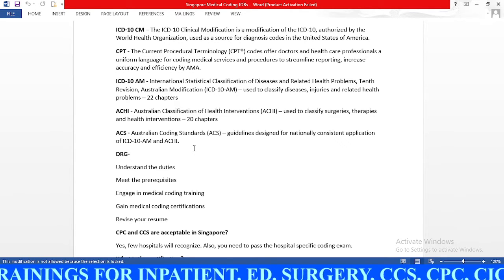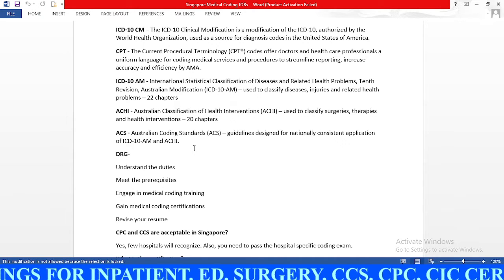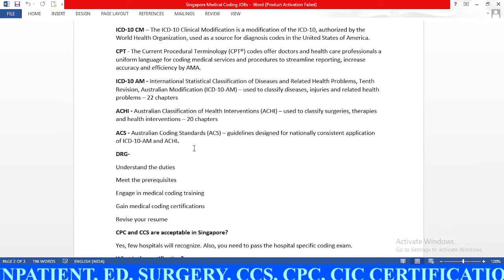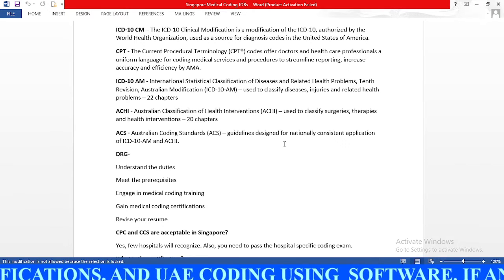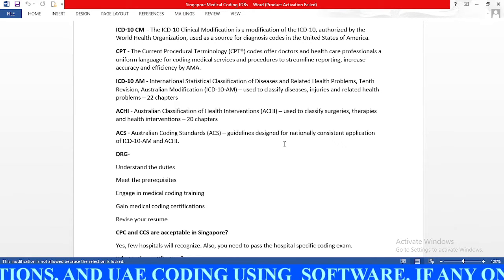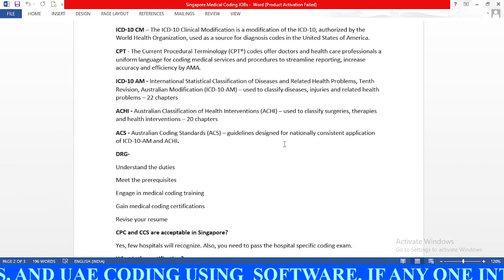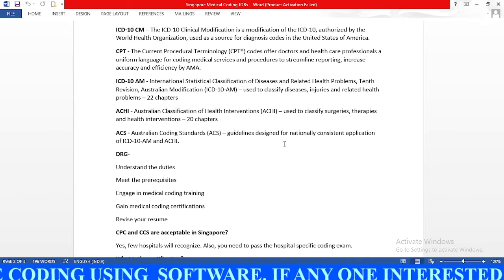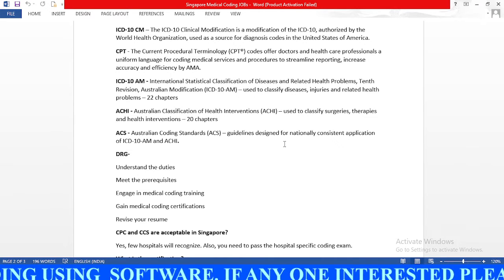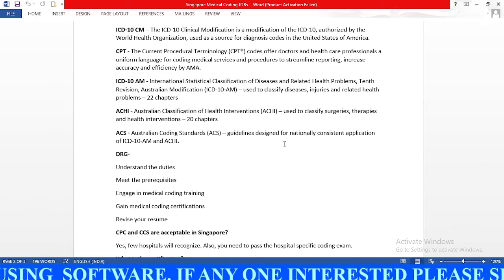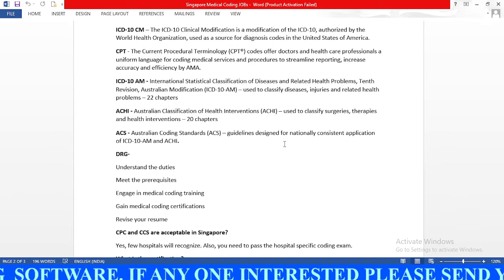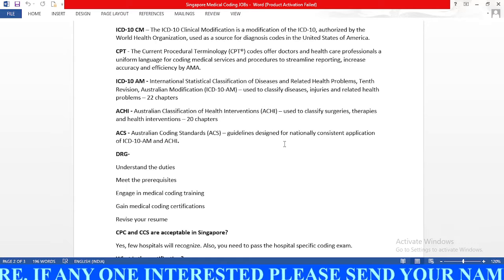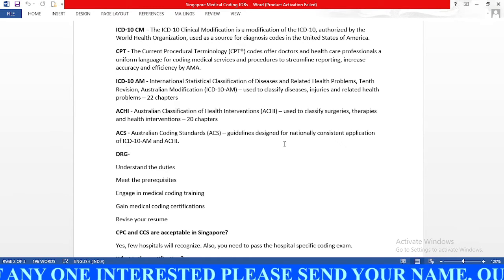In order to find a medical coding job, we need to understand the duties of a medical coder. Prior to deciding whether you want to become a medical coder, it is important to understand the duties you might handle. These are the regular duties. You are going to use code sets like ICD-10-CM, CPT, ICD-10-AM, ACHI, ACS.